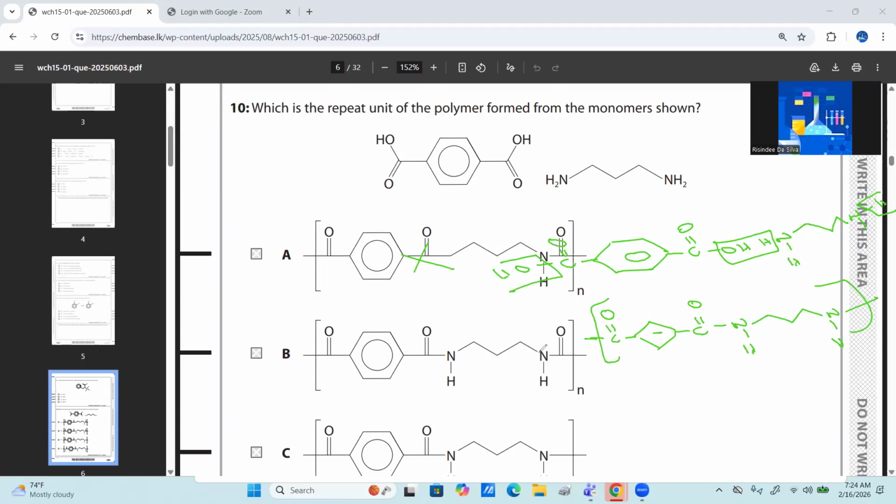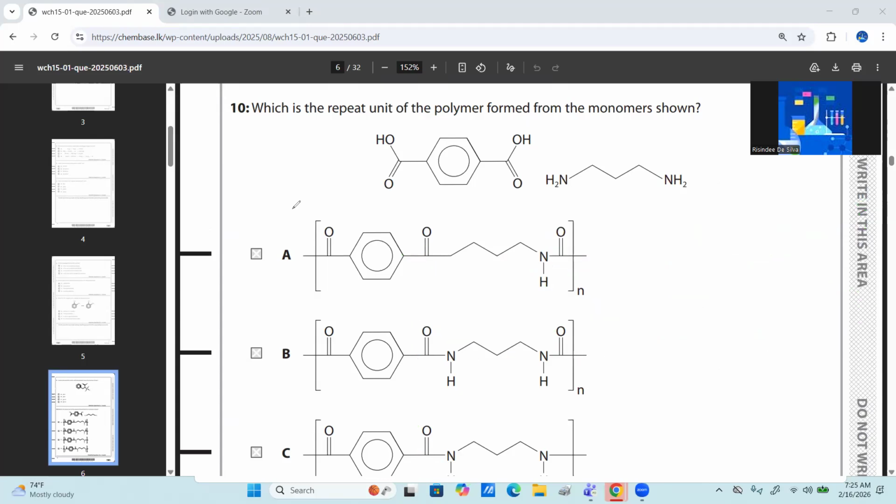Then what about the third structure? We have a carbonyl group, benzene, amide bond is there, and yeah, so C is the correct answer. If we take B, you can see two amide bonds are there, so that is also wrong.